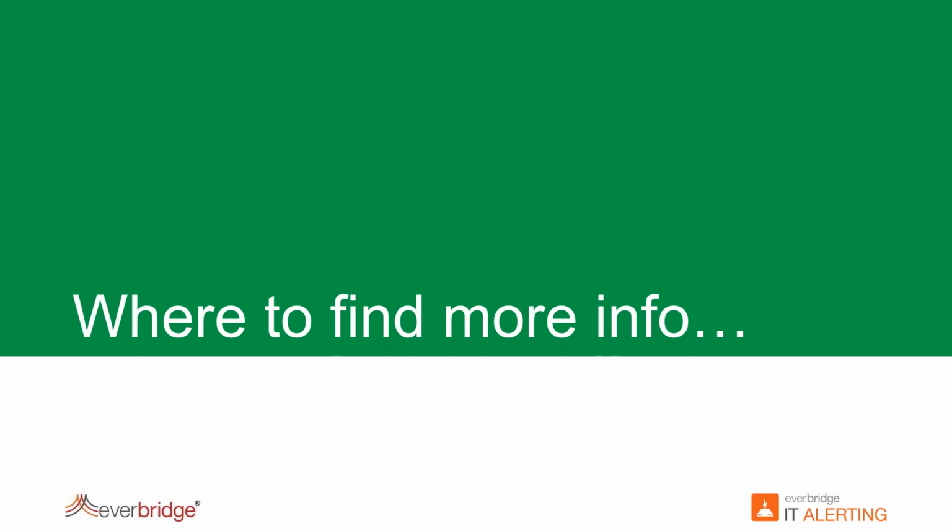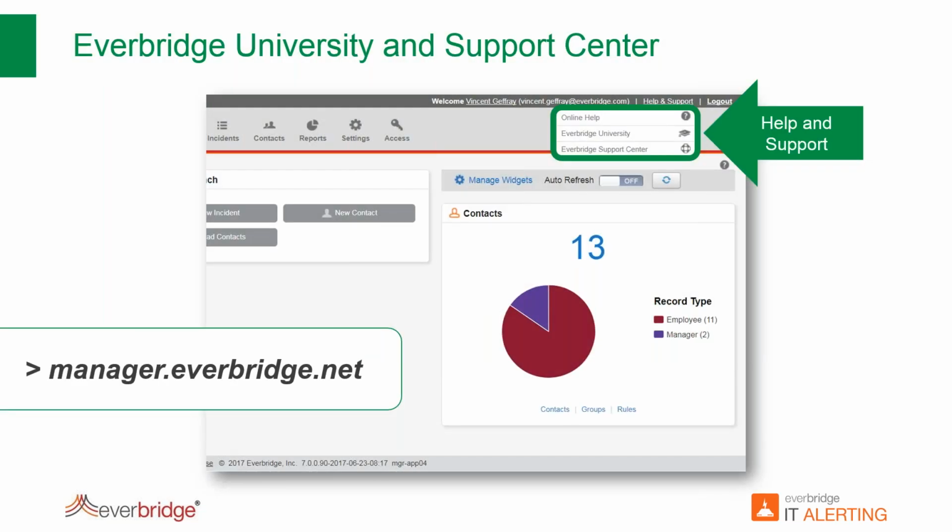If you'd like to get more information, where can you find it? There are different places you can go to get more information about the product, the solution, and the configuration, directly from the Everbridge solution. If you select help and support, you'll be taken to the right place to find videos, documentation, and so on and so forth.